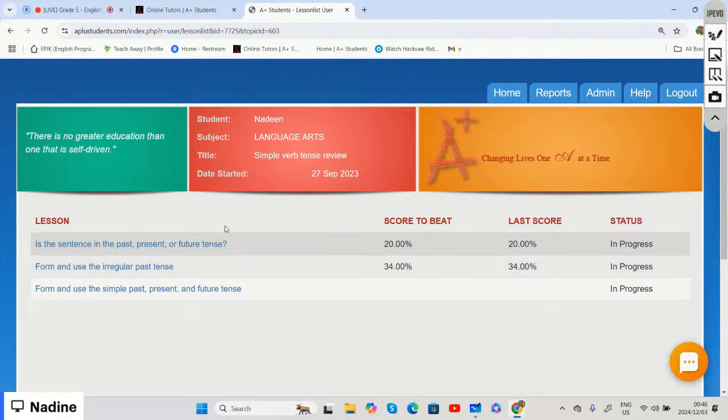Our verbs in the present tense, right? It shows ongoing action, and it either ends with an s or es. Our verbs in the past tense show something that had happened already. And we can basically just add an ed to our verb to show the past tense form of that verb.